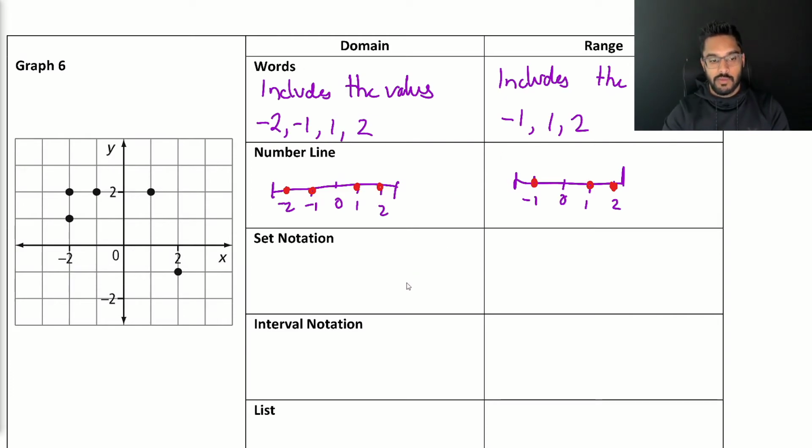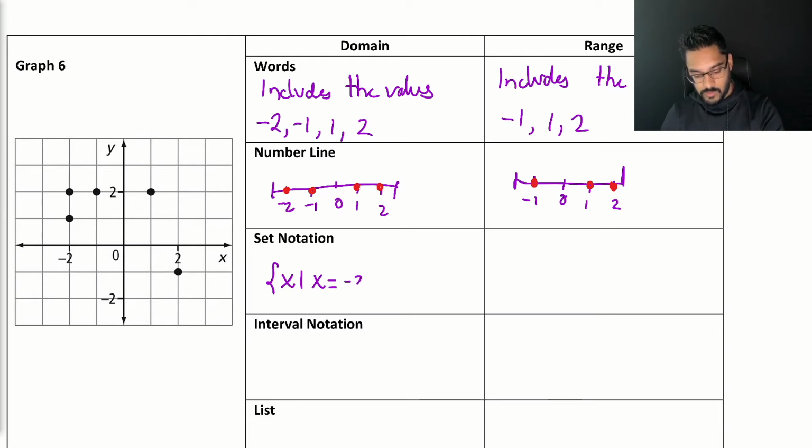The set notation, though, actually doesn't really work here because it's not really what you think it is. So I could try having the set of all x values such that, but when I try to, I can't do it as an inequality because I can't be less than or greater than a certain number because I only have specific numbers. So I really should be saying what x is actually equal to.